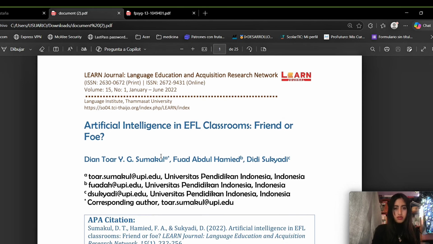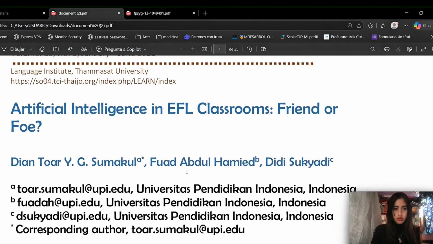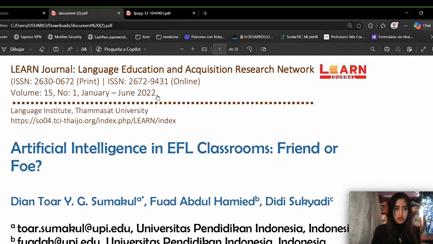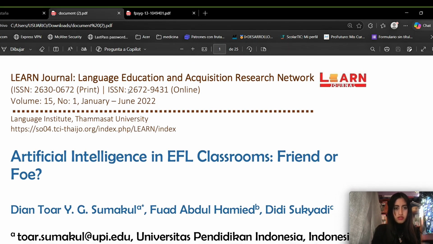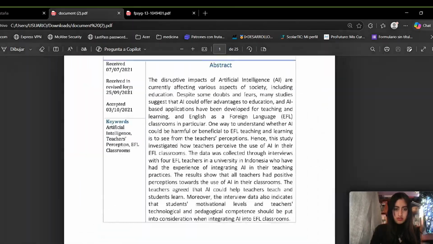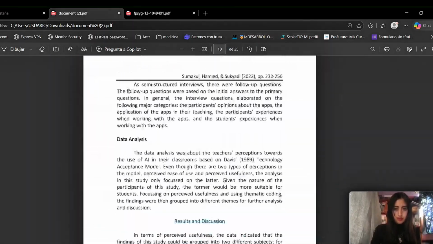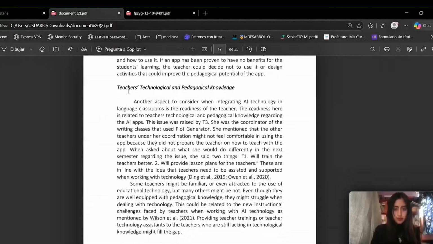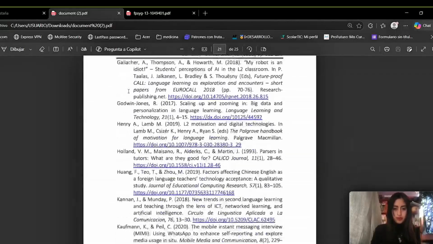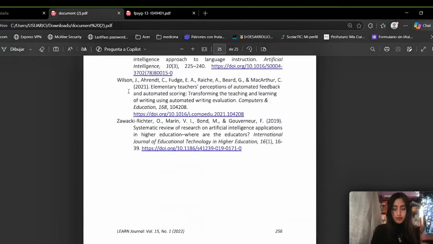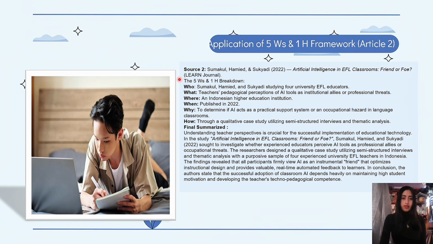The second article, "Artificial Intelligence in Classrooms," has the authors, the year, the volume, the number, and all the information for this. Okay. The who: Sumarni and Suryadi are studying university EFL educators.